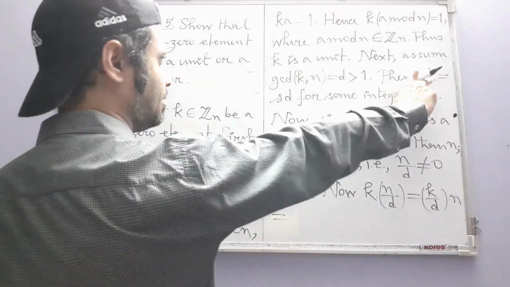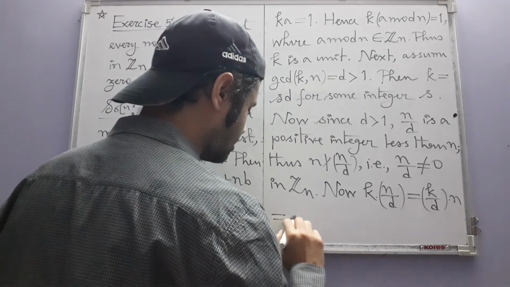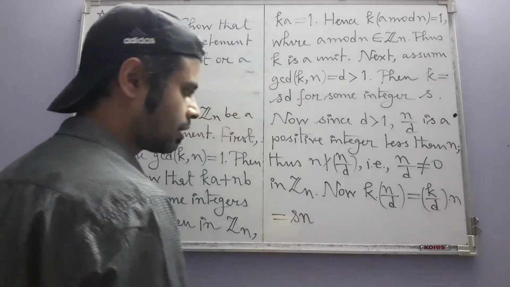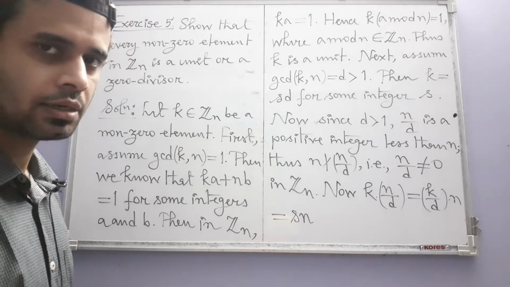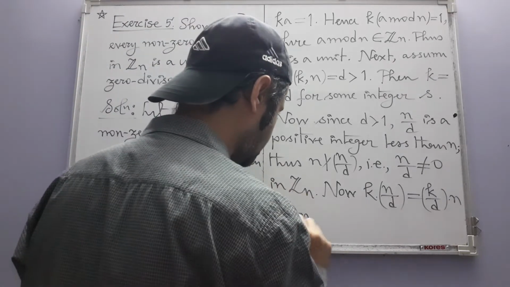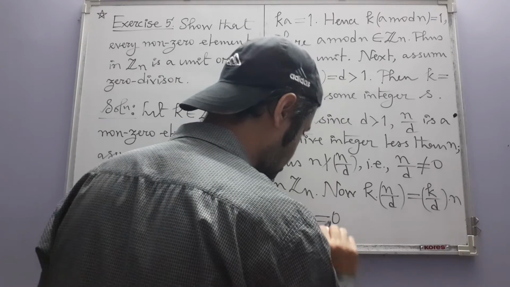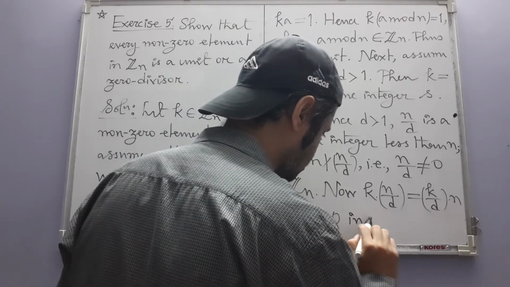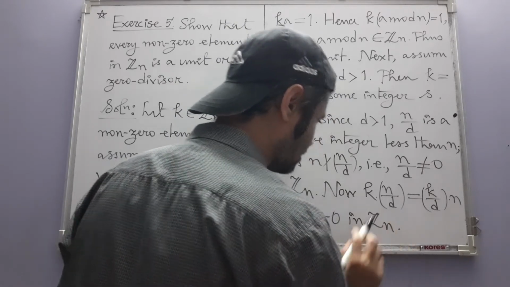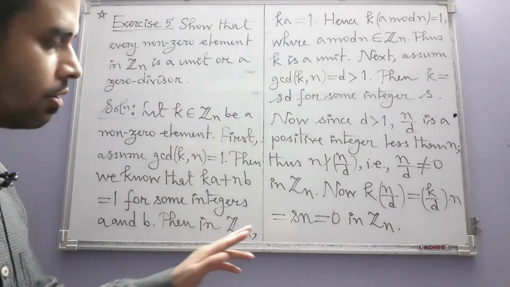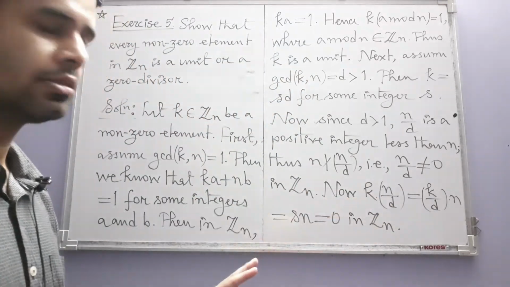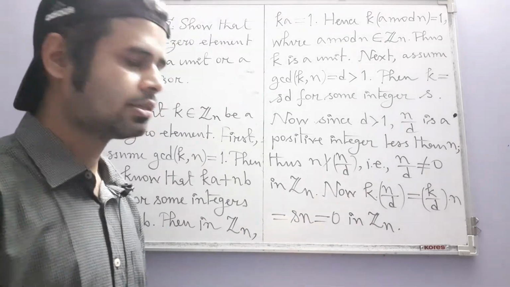Now, k divided by d is some integer s, times n. This is an integer multiple of n. So, in Zn, this thing is equal to 0. So, although these elements k and n divided by d are non-zero elements in Zn, their product is 0. So, now k is a zero divisor.